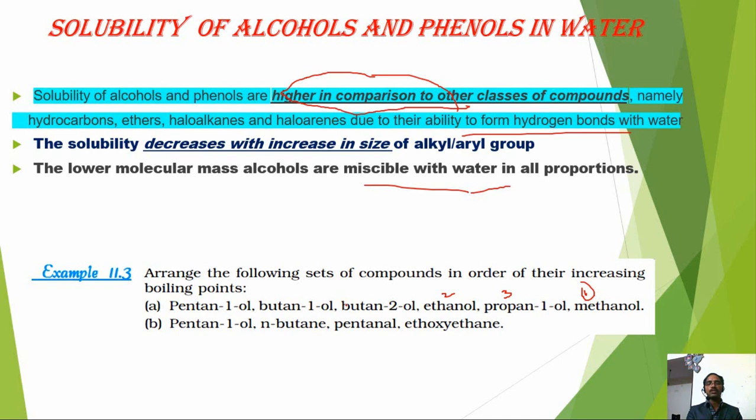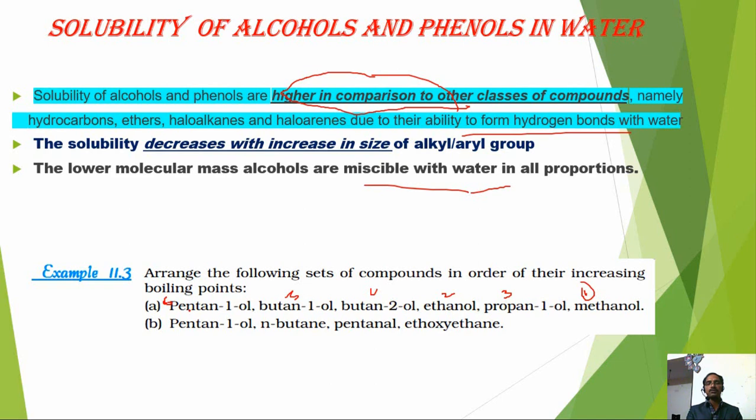Here two butanols are there, butan-1-ol and butan-2-ol. Butan-2-ol is the branched type, so 3, then 4 is better. This one is 5, this one is the 6, highest boiling point for pentanol.